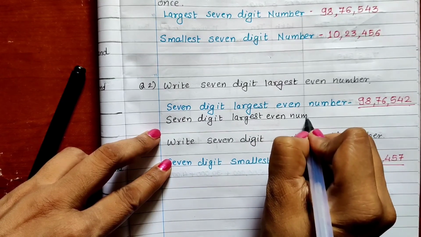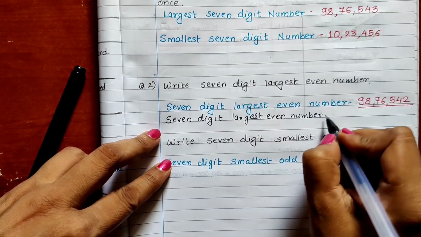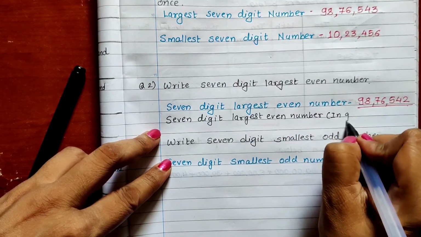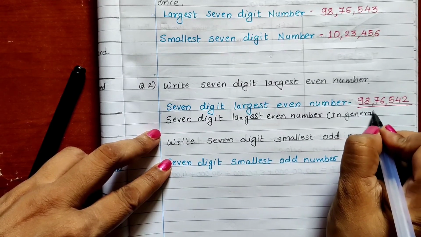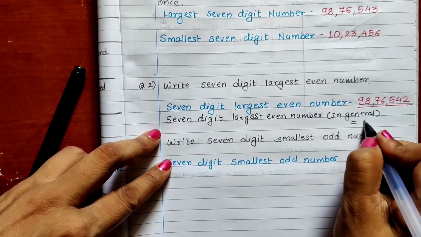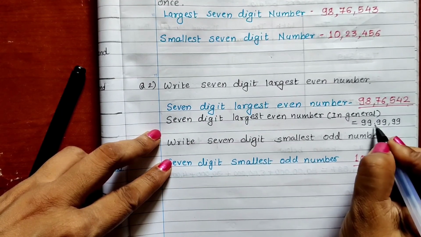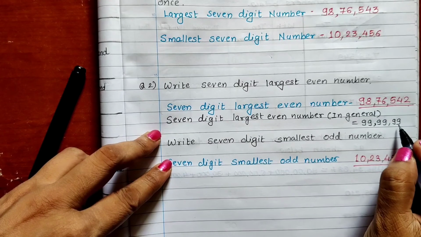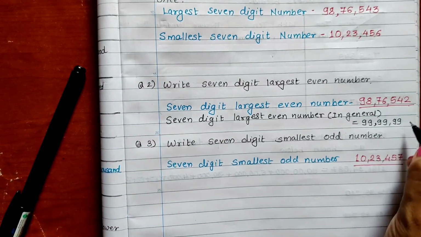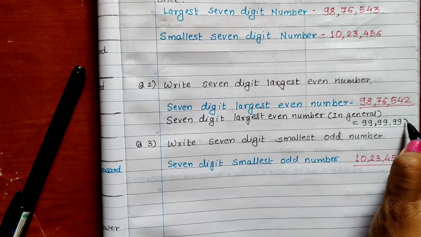In general, we are not talking about the picture. It will be 9999999. Okay, all these digits will be 9, and in the end we have to write 8.